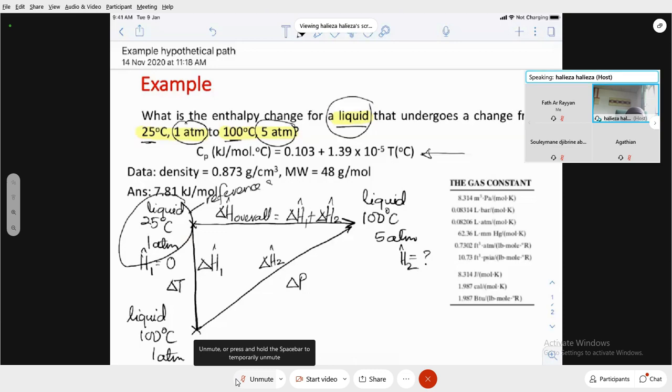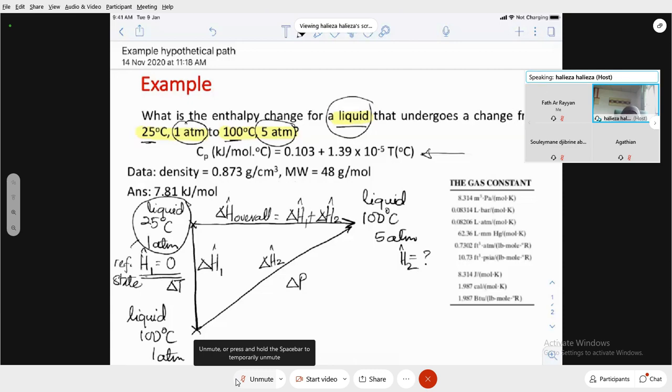Because you already specified that your enthalpy is 0 at that condition. So that is your reference state.